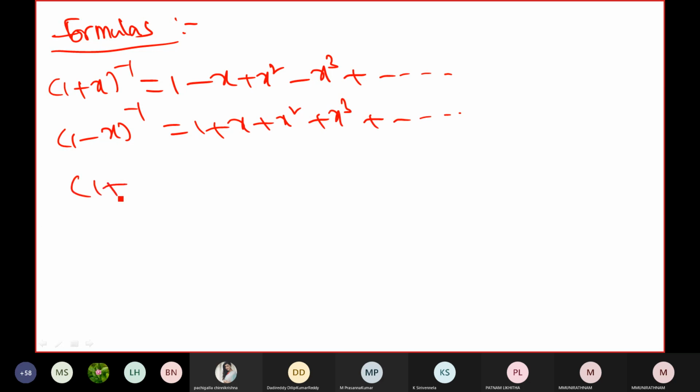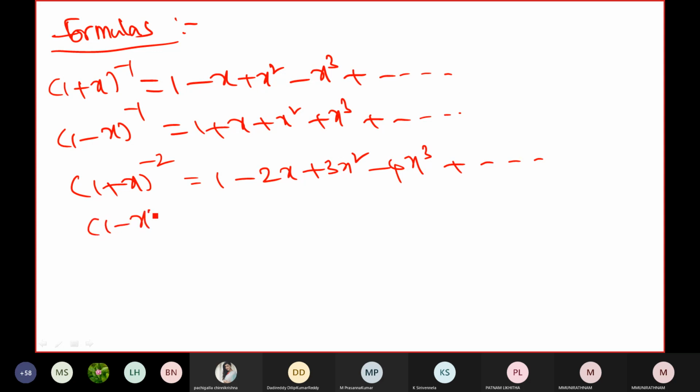And 1 plus x whole power minus 2 we expand as 1 minus 2x plus 3x square minus 4x cube, and so on. Similarly, 1 minus x whole power minus 2: if the sign is minus, then all terms will be plus. That is the formula.